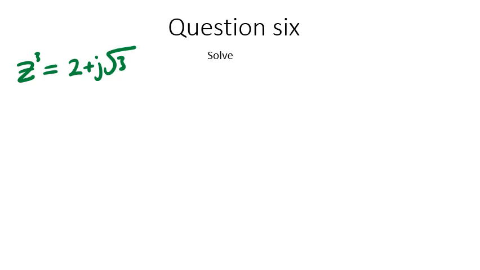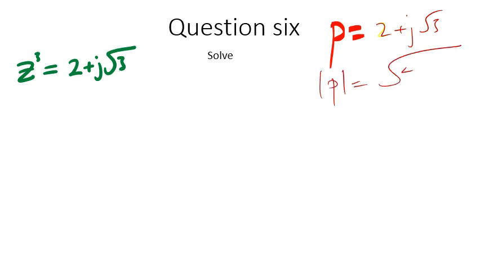So firstly, P equals 2 plus j root 3. Magnitude will be root of 2 squared, which is 4, plus root 3 squared, which is not 9, it's 3. So this becomes root 7.